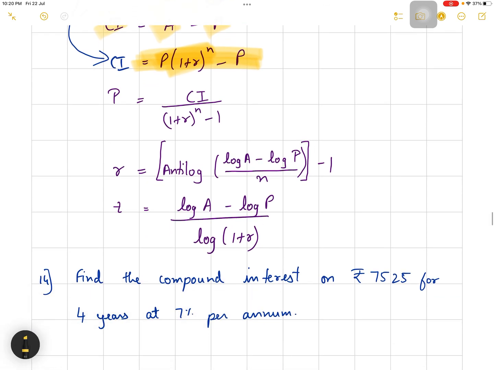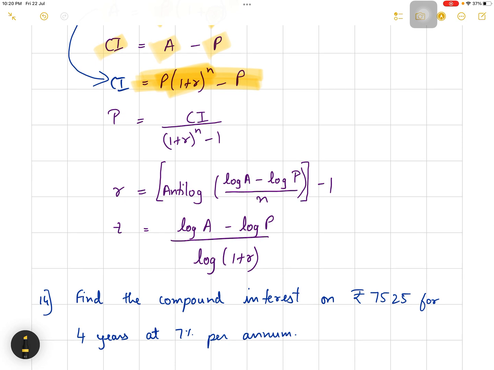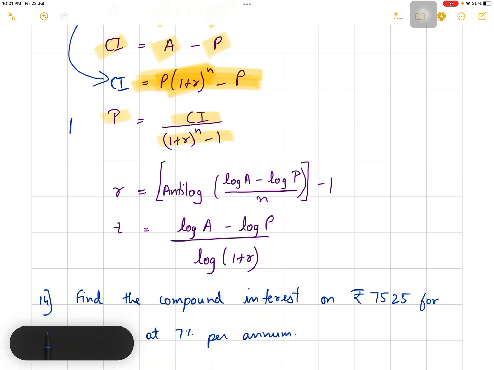Now suppose in the exam amount is not given, and you are asked to find principal. Now in that case you will use this formula. P is equal to compound interest upon 1 plus R raised to N minus 1. So you can mark this as important.